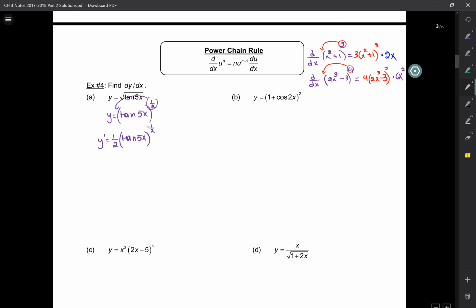What is the inside? It's secant squared 5x times what now? There is another function that we have to take a derivative of, 5.